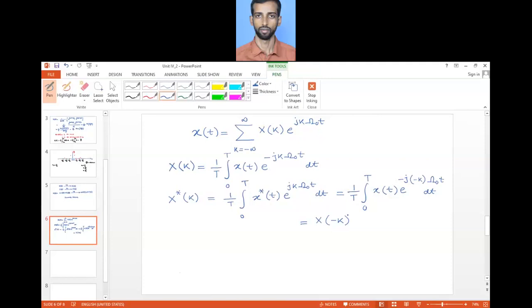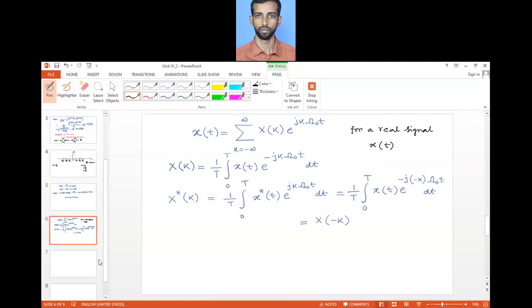On the other hand, that is for the real signal x t. If the signal is an imaginary signal, for example, in that case, what happens?